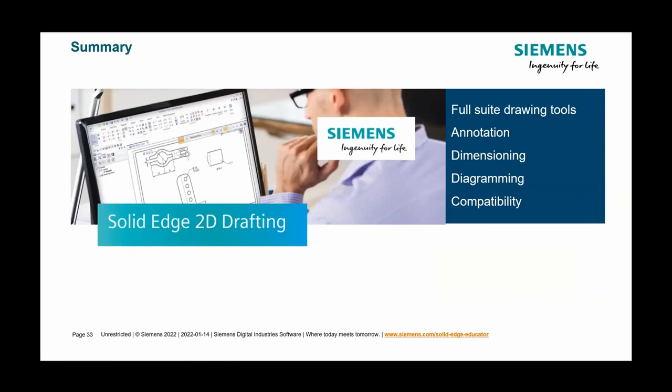So in summary, some of the key features of Solid Edge 2D drafting are a full suite of production-proven 2D drawing tools, annotation and dimensioning that complies to a standard, diagramming for not only mechanical, electrical, and other schematics, fast and easy parametric drawing layout, as well as supporting viewing in many 3D file formats that can be opened in other software.